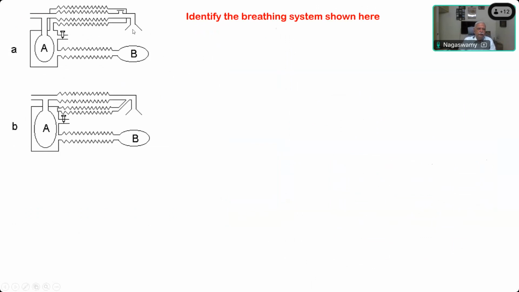What is this? APL valve. And this is the corrugated tubing. This is the fresh gas flow, and this is the expiratory limb. Then there is a bag which is enclosed. Most of you would not have known. This is called the enclosed afferent reservoir system.